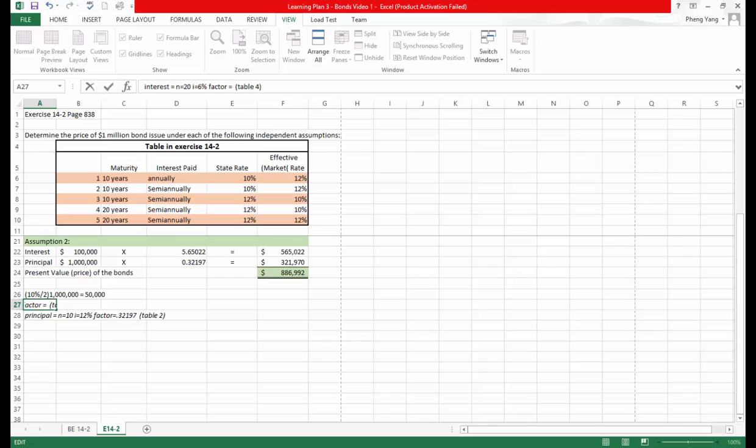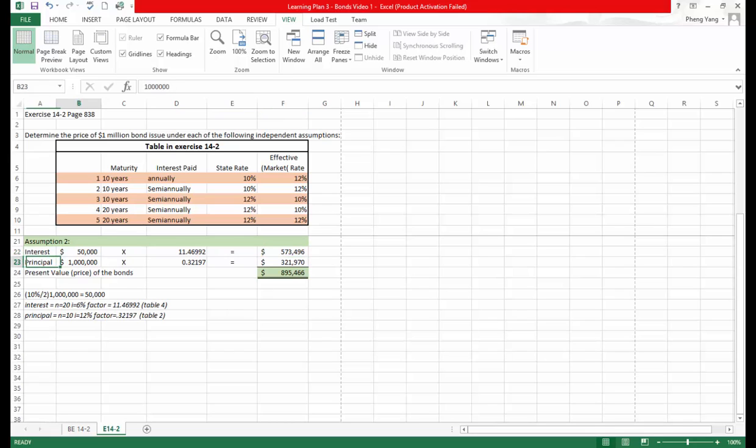Then our factor should be 11.46992. So let me just enter that in here. So interest is 50,000 times our present value of an ordinary annuity payment factor of 11.46992, for a total interest of 573,496.